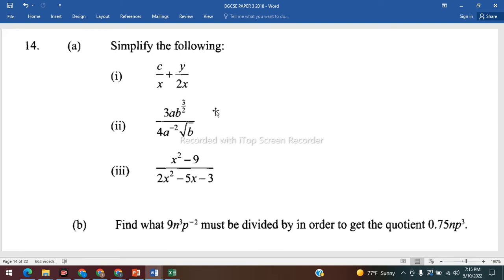Come on, my BGCSE students, come on. Hold on, Mr. Did I think I was wrong?